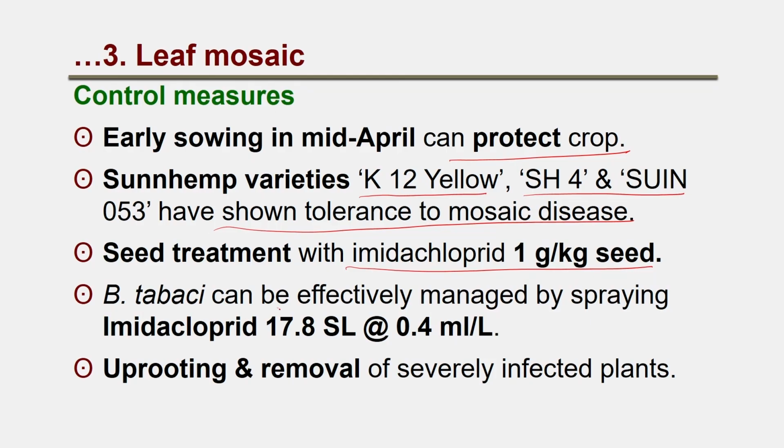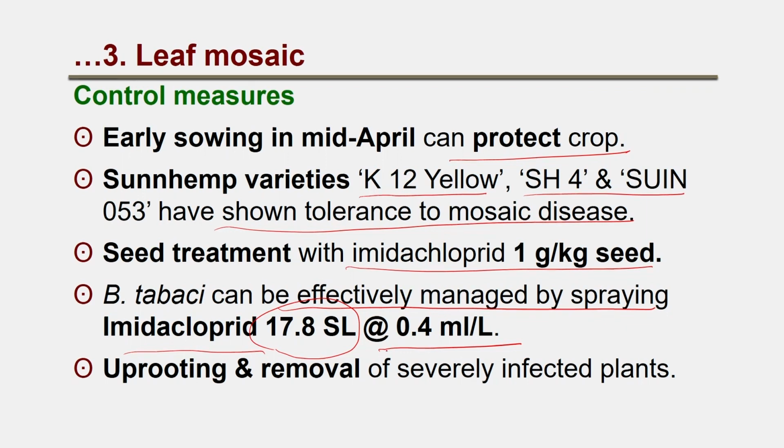Bemisia tabaci can be effectively managed by spraying imidacloprid 17.8 SL at the rate of 0.4 ml per liter. See, the quantity of imidacloprid for spray is very small. So we have to be very careful in using this insecticide.